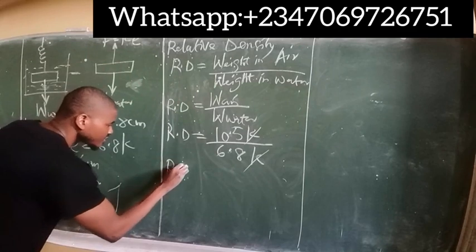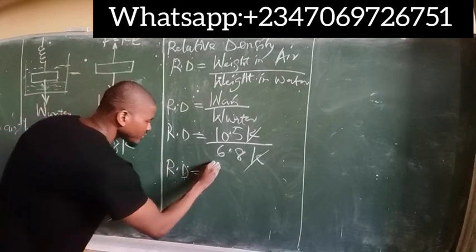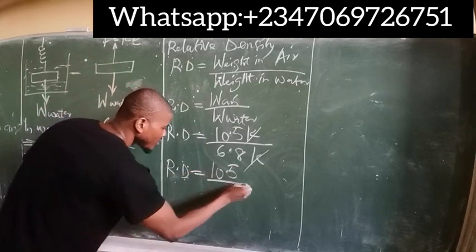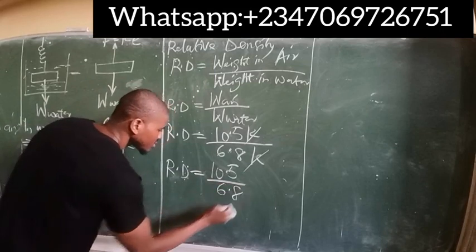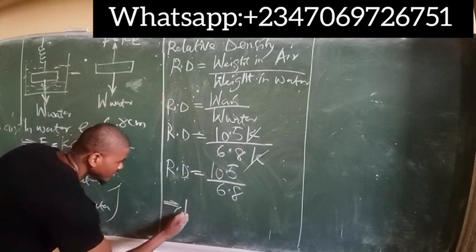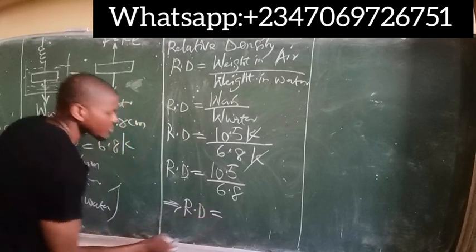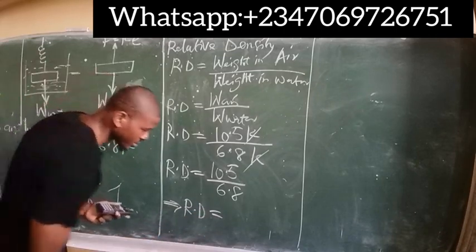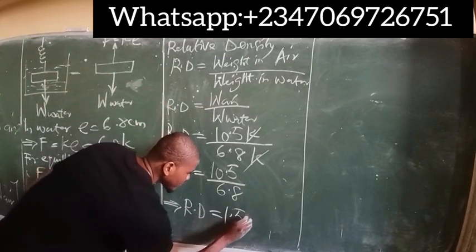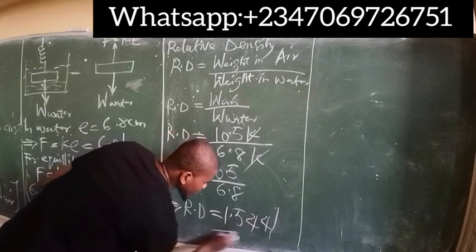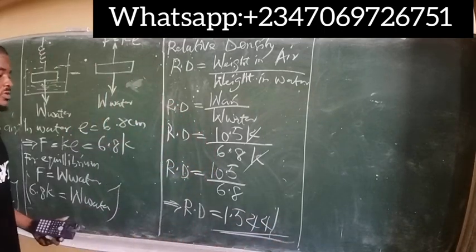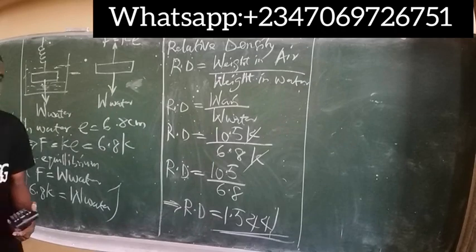That means relative density is 10.5 all over 6.8, which implies that R.D. is now equal to 1.5441. So this becomes the value for the relative density.